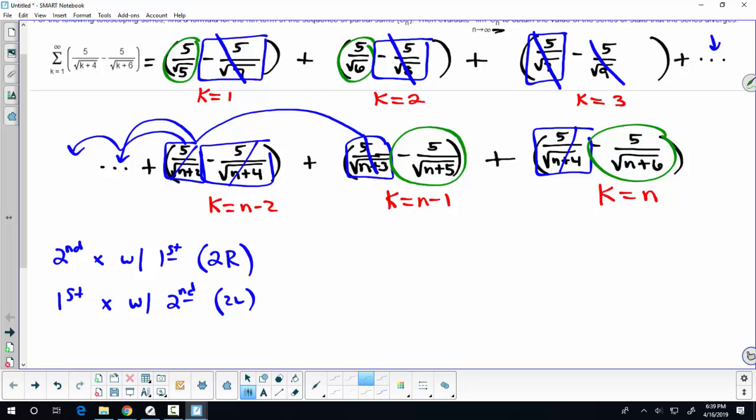So we've written that out to n terms. You know, n could be a million, a trillion, a billion, whatever. Those are the terms that remain.